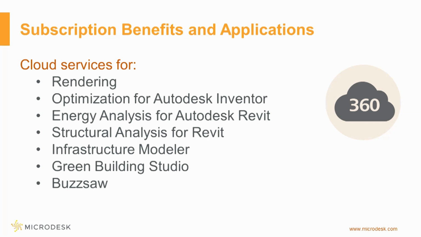So we've seen structural analysis and we've seen energy analysis go natively through Revit, and depending on the size and the complexity of the project, this can also take some time, but primarily stops you from performing work in Revit. So if I'm modeling in Revit and then I need to stop to do an energy analysis and wait till that's done, sometimes I want to keep working. So if I send those out to 360, I can keep on working, get my results, and I haven't really lost a step.